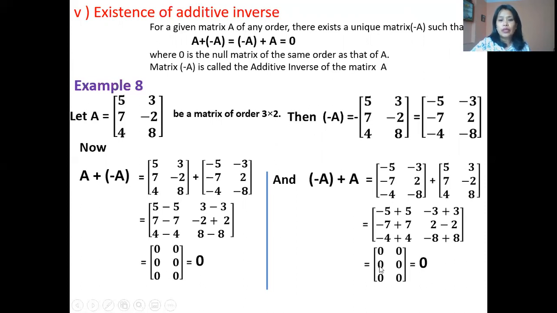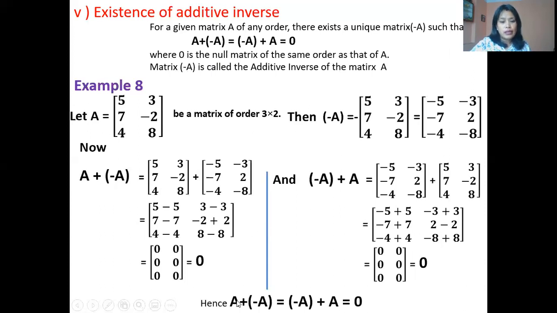The null matrix is of the same order as that of A, and the matrix minus A is called the additive inverse of A.